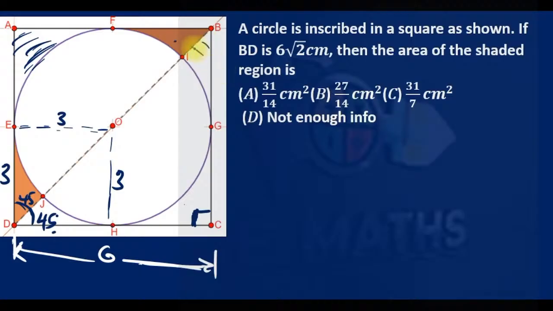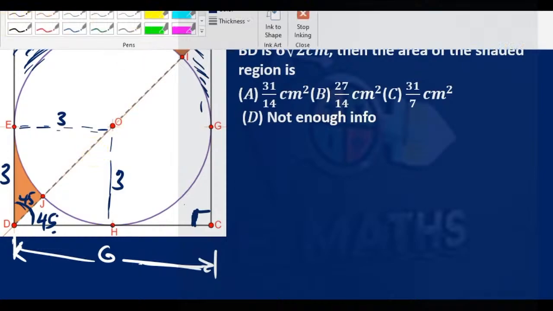So shading here is the same as this, which is the same as this. So what we have to find is just the area of this shaded part, which is the area of the square minus the area of the sector.